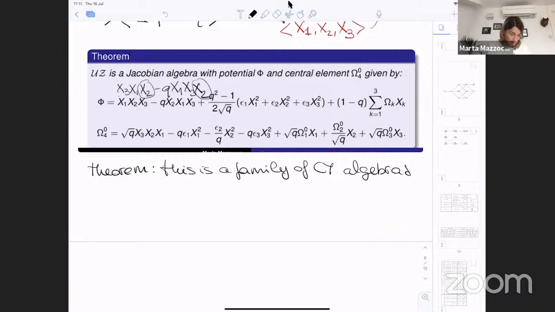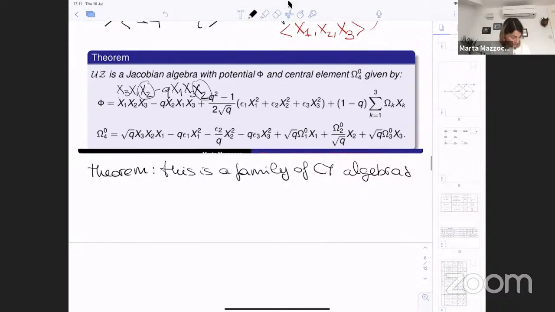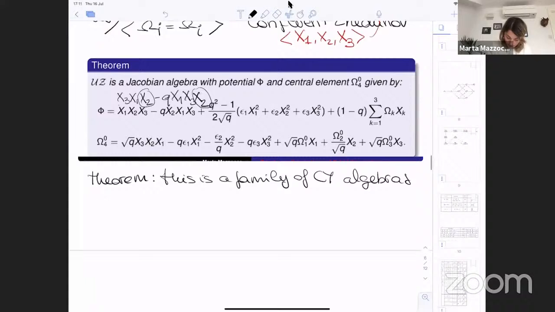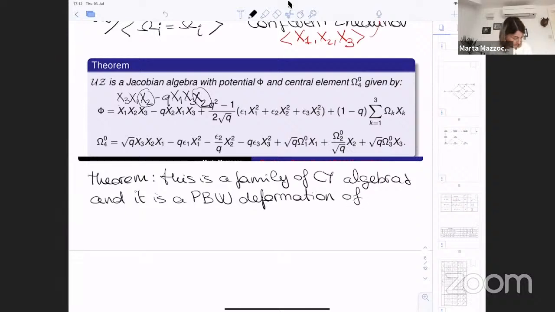This is a result due to Dolgushev: when that happens, then your algebra is Calabi-Yau. And it is PBW. It is a PBW deformation of the quantum polynomial algebra.